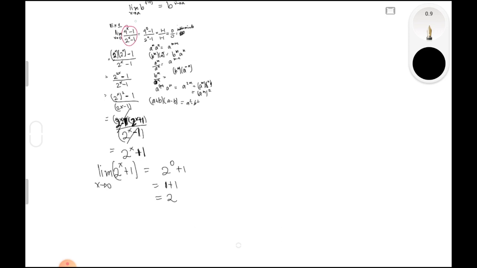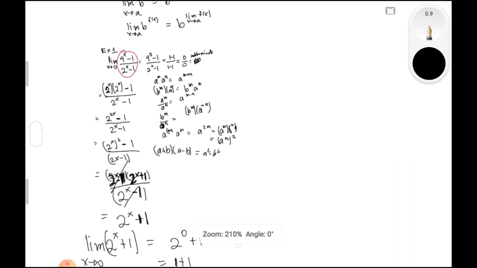Okay, so recap natin, no? So 4 raised to x can be rewritten into 2 raised to x, squared, which I identified as this step. Okay, and then you will see that it can be rewritten from here.